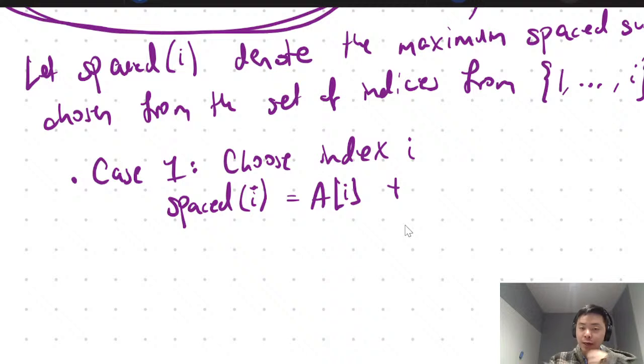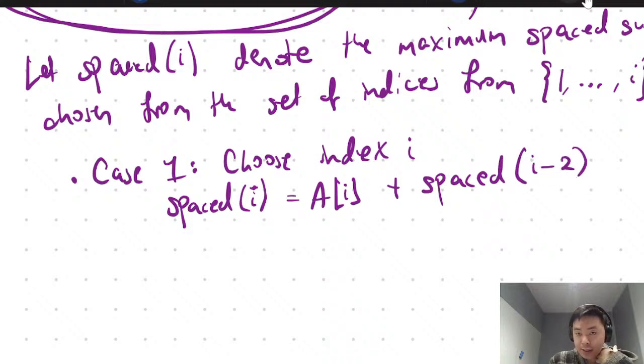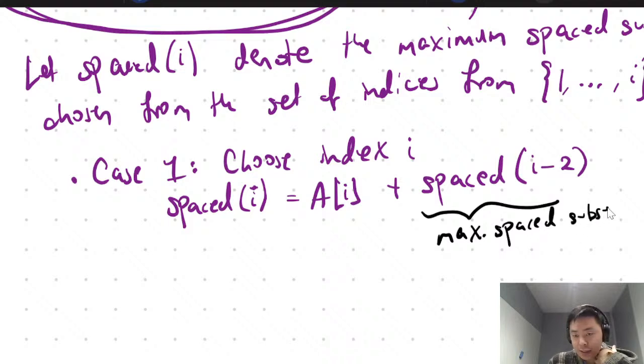Well, whatever the maximum space subset is from the set of indices that I can choose from 1 to I minus 2, right? So this here represents the maximum space subset chosen from set 1 to I minus 2.